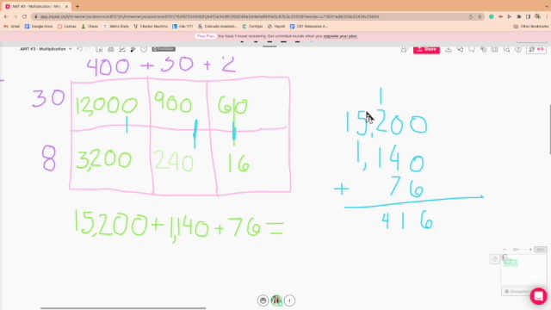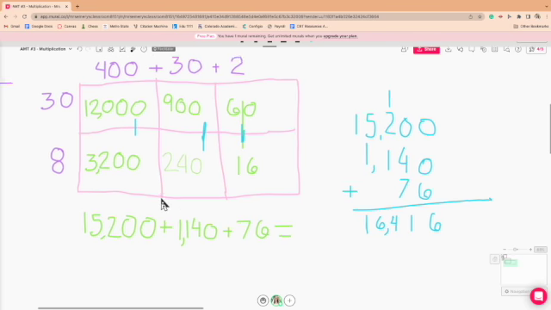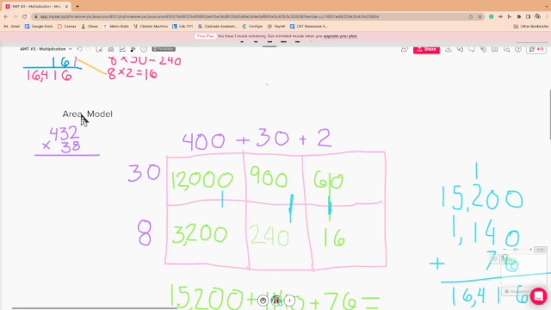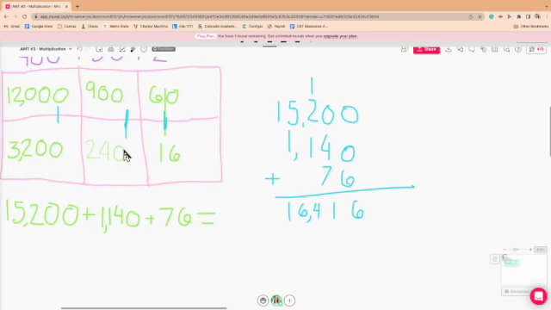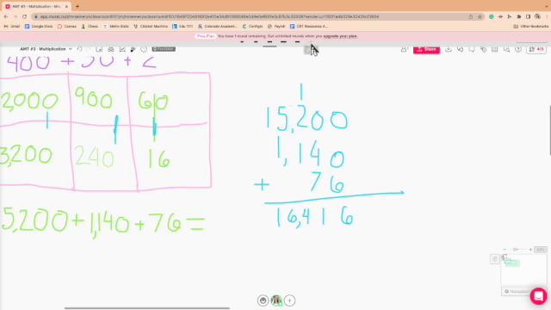Moving on over, 5 plus 1, which we know is 6, and this little guy standing alone, 1 plus 0 is 1. So we have our final answer of 16,416. Let's see if that's what we got over here. That is what we got over here. The reason I check is to make sure that I did all of the addition and multiplication correctly.